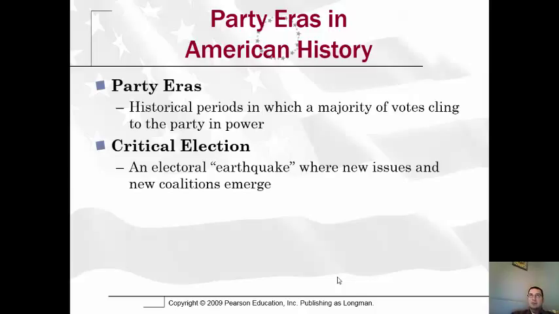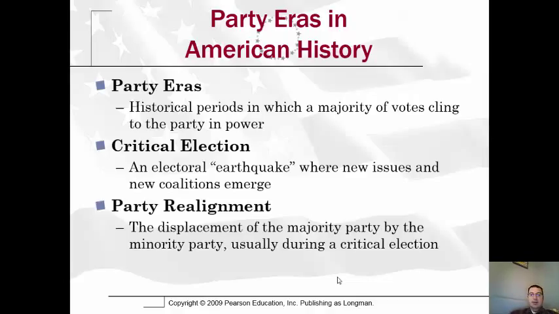So the vast majority of African Americans associate with the Democratic Party rather than the Republican Party, even though it was the Republican Party after the Civil War and those kind of things that first established those rights. So you can have critical elections where vast numbers of voters shift parties, and that's really what the critical election is talking about. And party realignment, where the majority party is out, minority party is in, again during a critical election, that can take place, right?